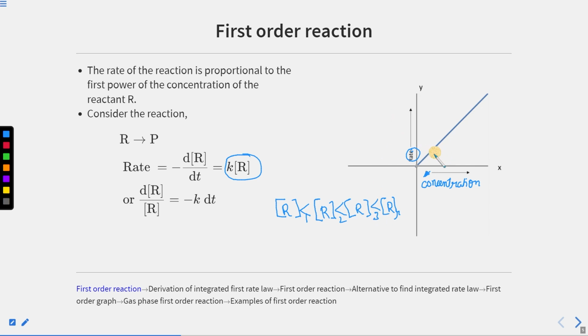Then the rates will be here, here, here, and here, where this is for R4, this is for R3, R2, and R1.